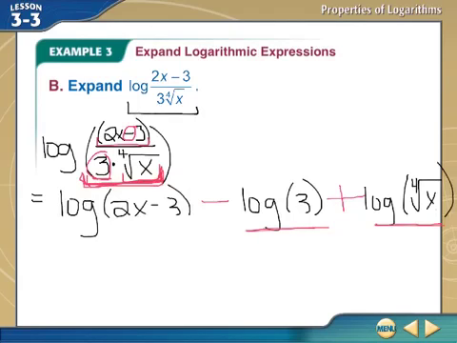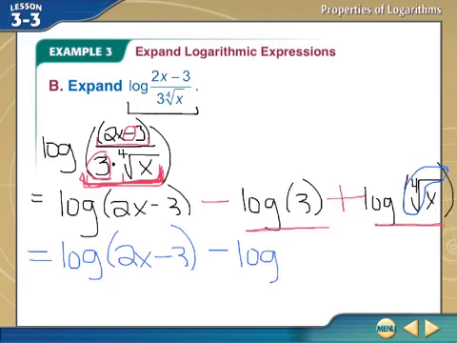The only thing I can apply to expand this even further is the power property. The fourth root is the same as the 1/4 power. So really I could rewrite this logarithmic expression as log of 2x minus 3 minus log of 3 plus 1/4 log of x.